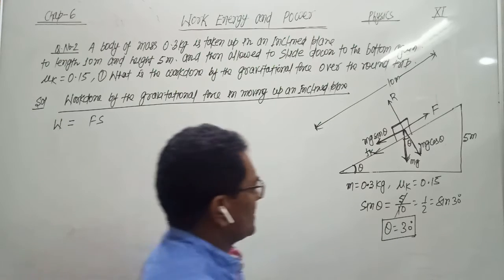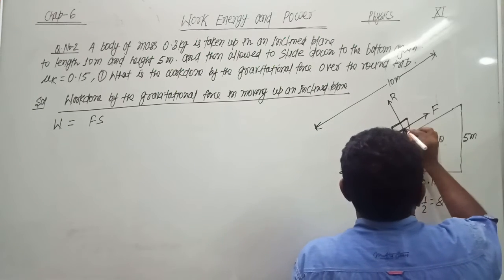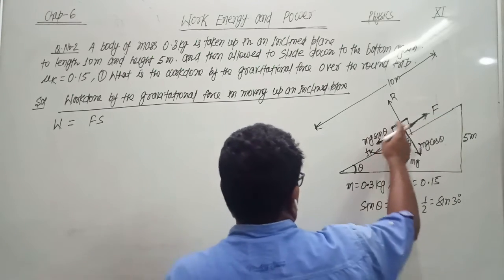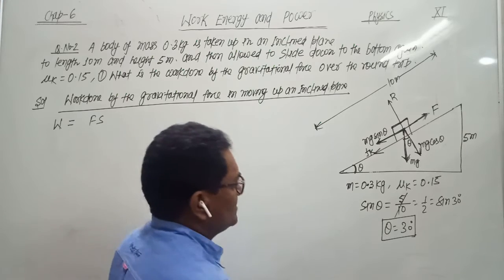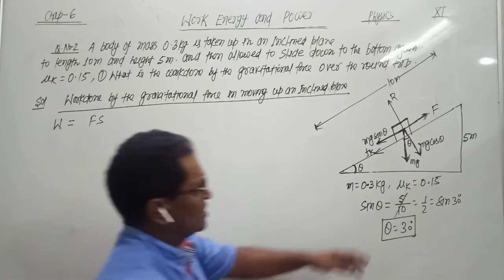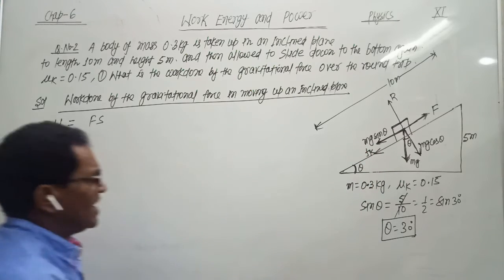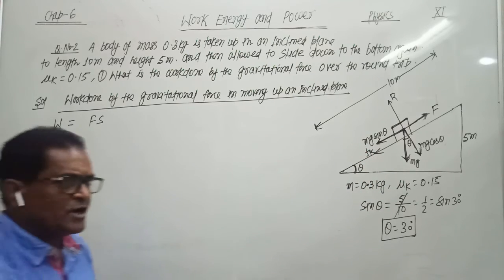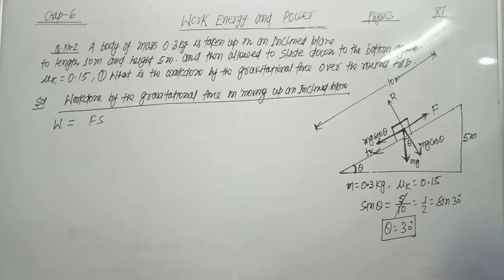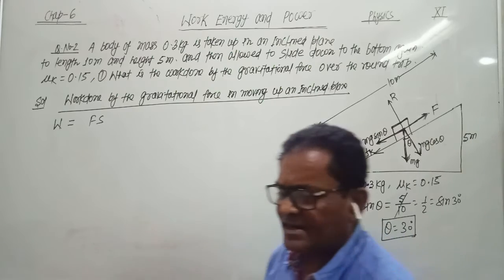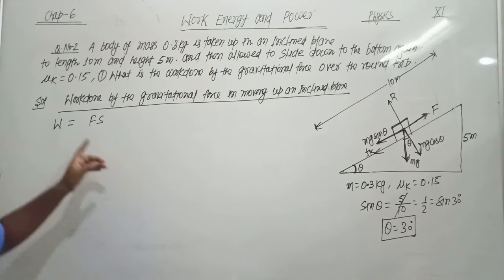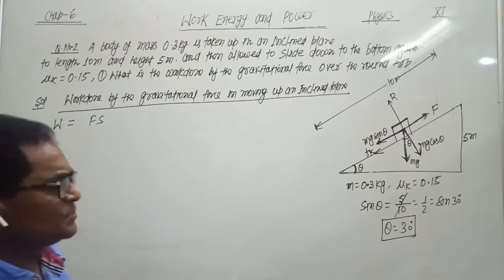And the gravitational force F is equal to mg sin theta. The body is going up, and the gravitational force is acting in the downward direction. So what is the angle between force and displacement?